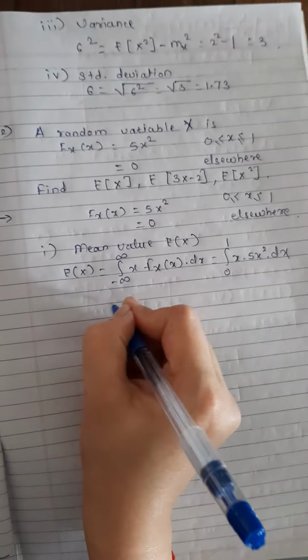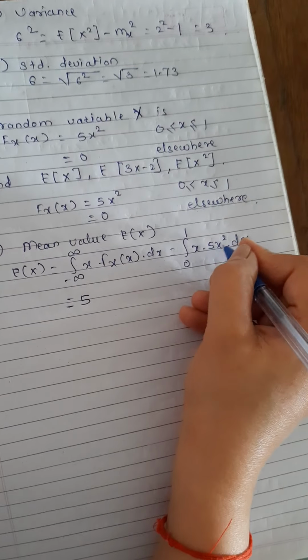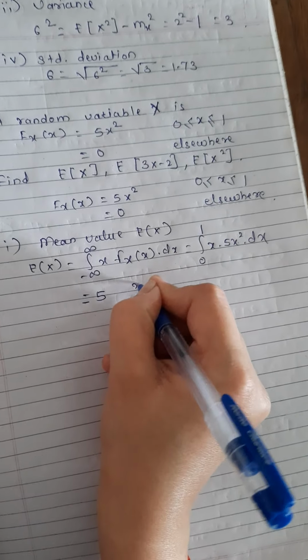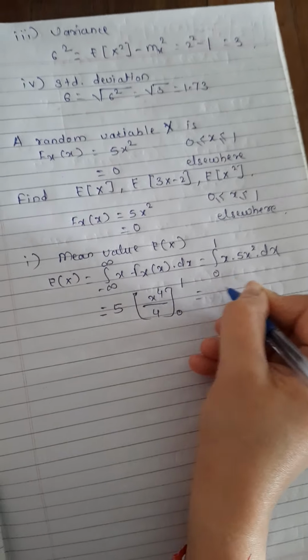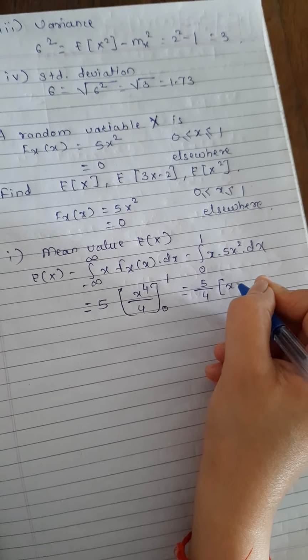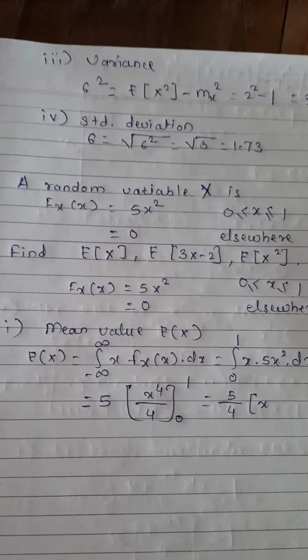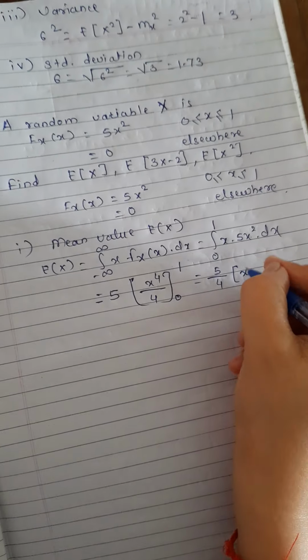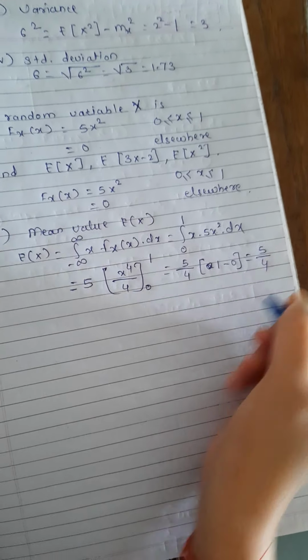So 5 is constant outside, it becomes x cube. Integration of x cube is x raised to 4 by 4. Integration limits are 0 to 1. So 5 by 4 is constant, x raised to 4, so it becomes 1 minus 0, that is 5 by 4.